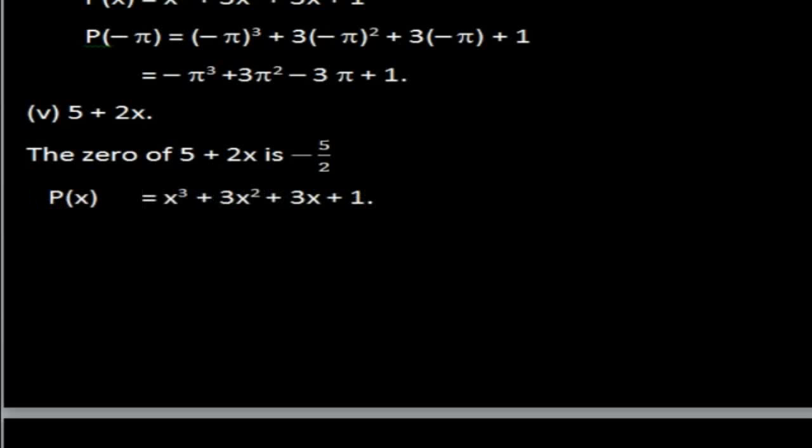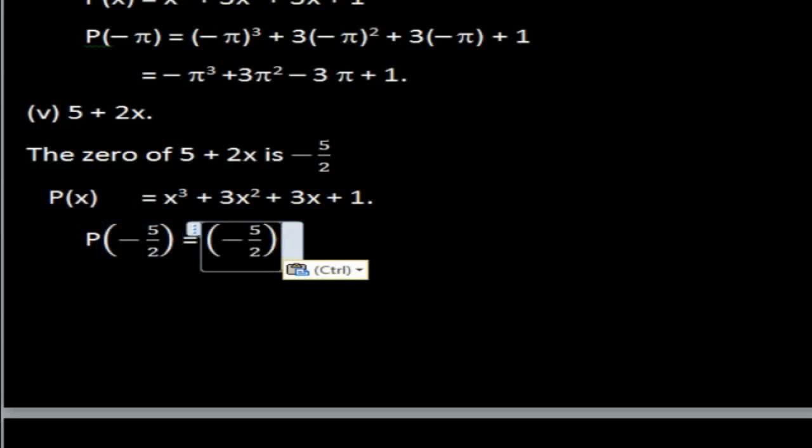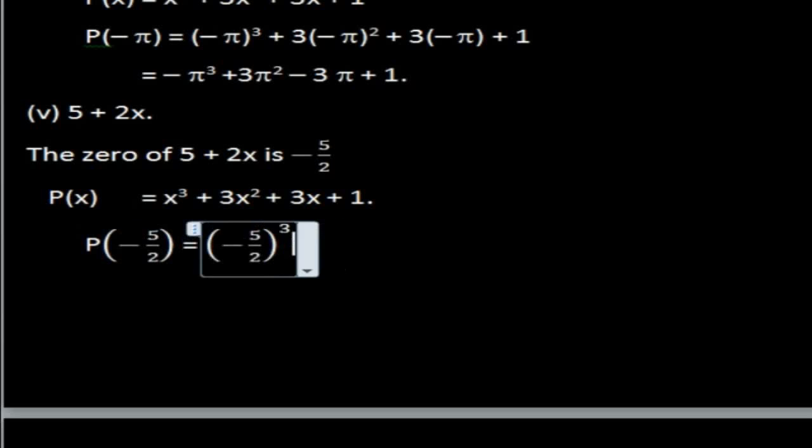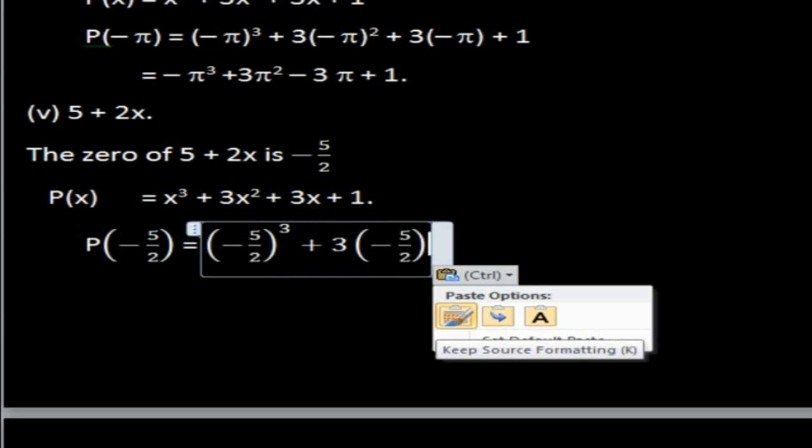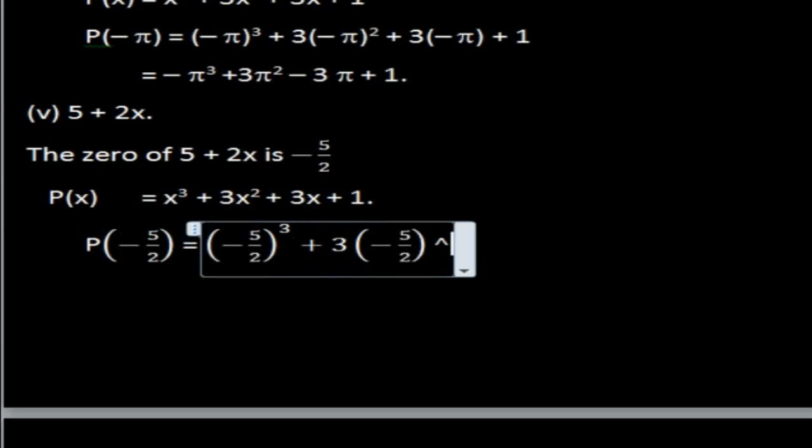Now substituting it in this we get p of minus 5 by 2 is equal to minus 5 by 2 whole cube plus 3 into minus 5 by 2 whole square plus 3 into minus 5 by 2 plus 1.